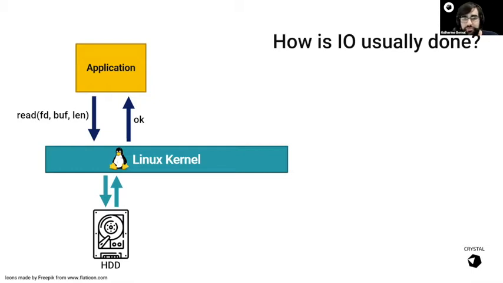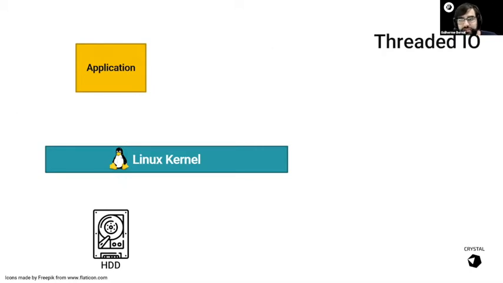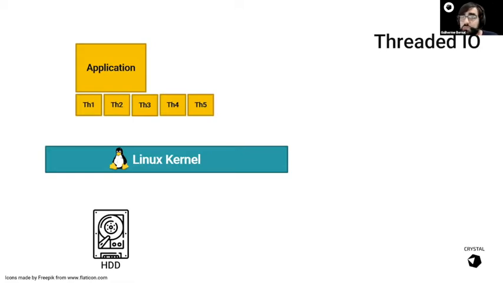This is very fast, but it can take, let's say, 5 milliseconds. So it's a lot of CPU time that goes unused. There are a lot of better ways to do it if we need performance. The most common way is using threads. So we have an application, we start many threads, and now we can use those threads to do I/O.